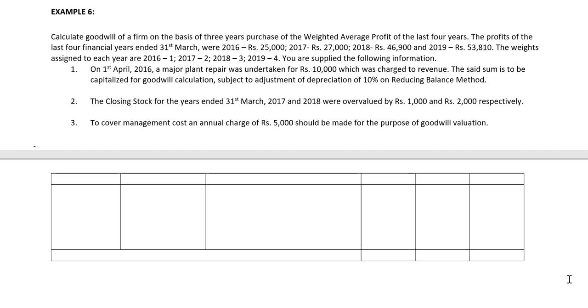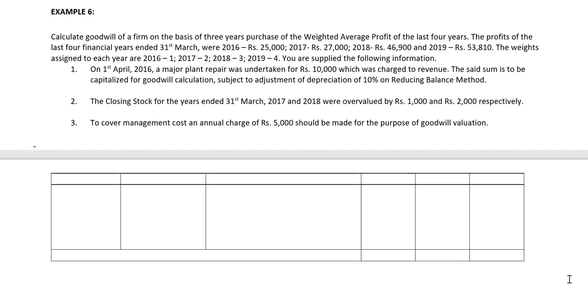You are further supplied with the following information. The first point says, on 1st April 2016, a major plant repair was undertaken for rupees 10,000, which was charged to revenue. The said sum is to be capitalized for goodwill calculation, subject to adjustment of depreciation at 10% on reducing balance method.